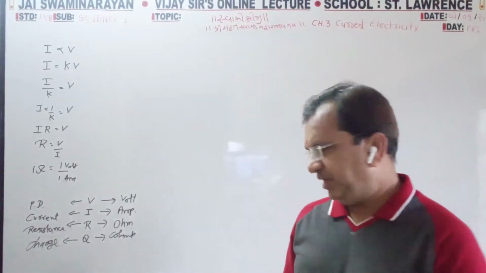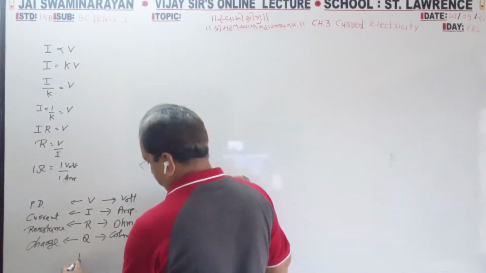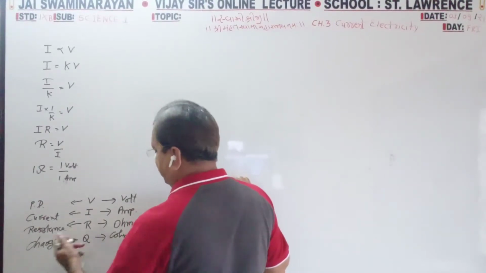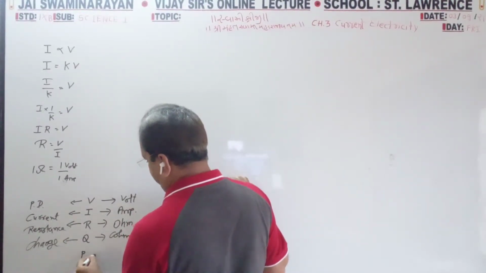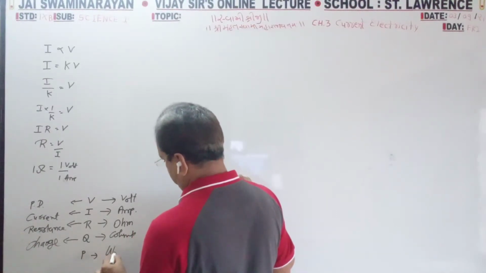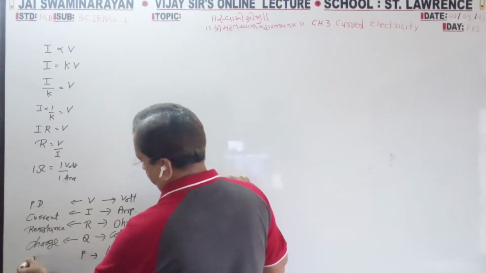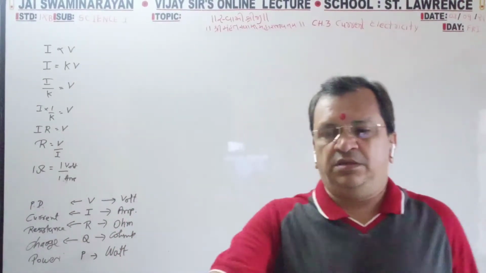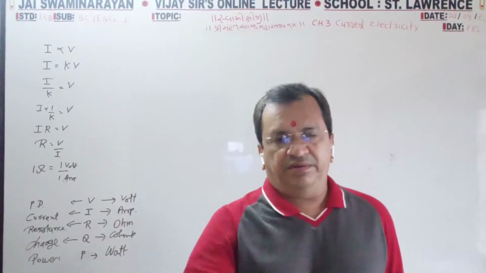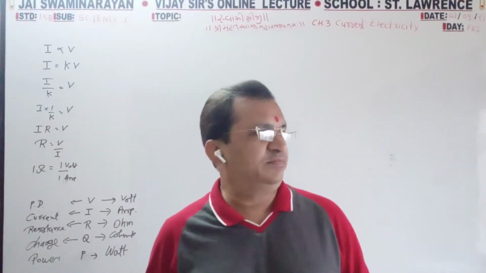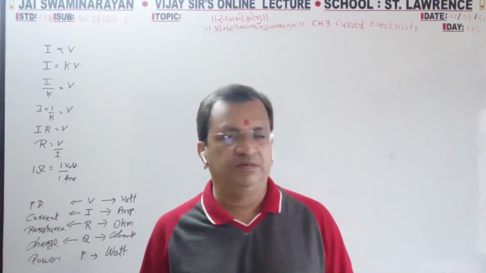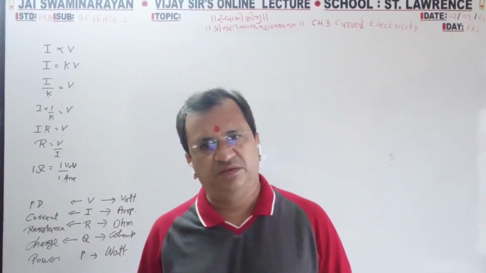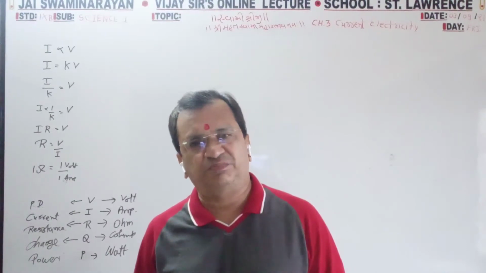And then combining it, W. P is equal to W by T, so you directly write P. P is power, measured in watt. Power is work done and the time, that ratio. Work done in unit time, that is power.